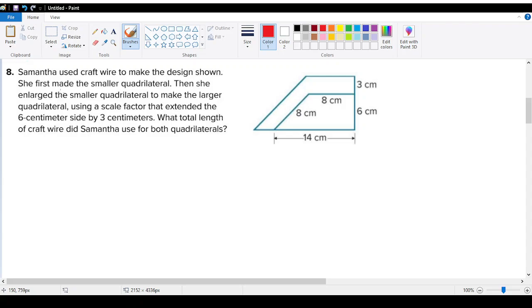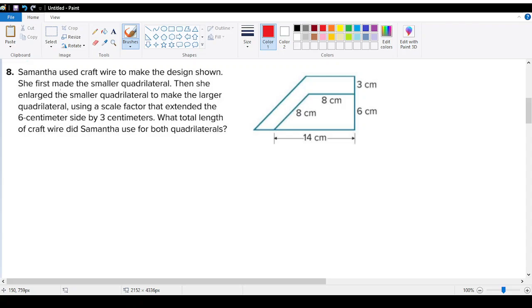Then she enlarged the same smaller quadrilateral to make the larger quadrilateral using a scale factor that extended the 6 centimeter side by 3 centimeters. What total length of craft wire did Samantha use for both quadrilaterals?